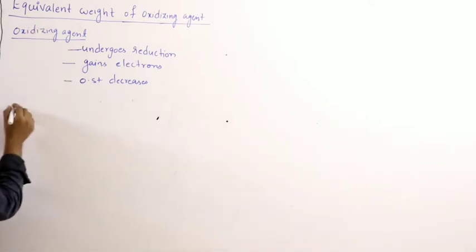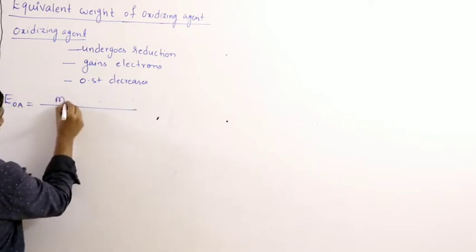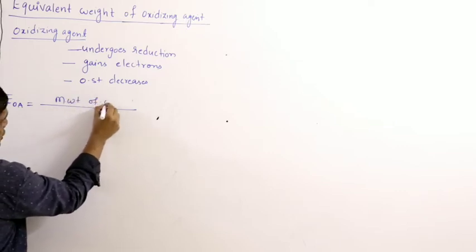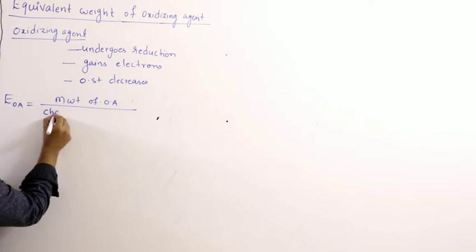So here the equivalent weight of oxidizing agent is defined as molecular weight of oxidizing agent by valency of oxidizing agent. What is the valency of oxidizing agent? That is nothing but the change in oxidation state.